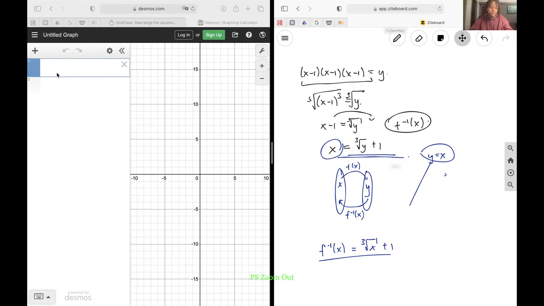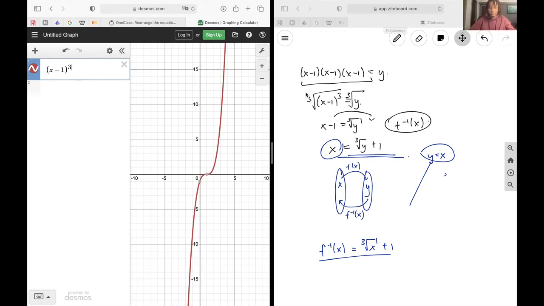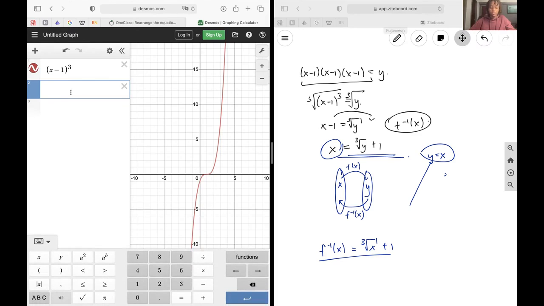So for the first function, that's my first function, is equal to y. But now instead, I'd like to have the cube root, so x to the power of 1 over 3 plus 1.